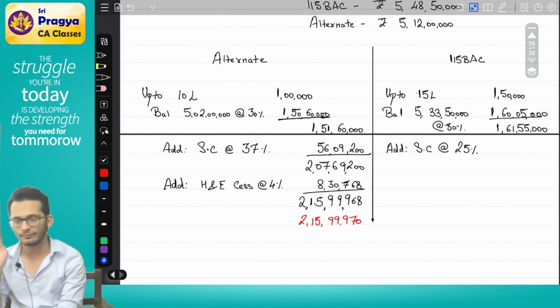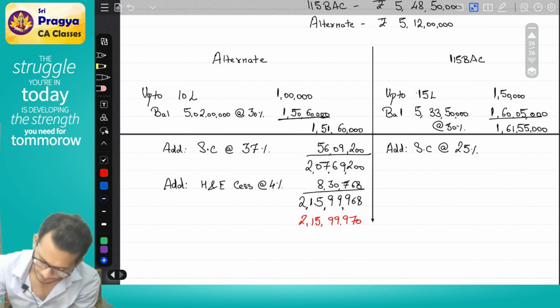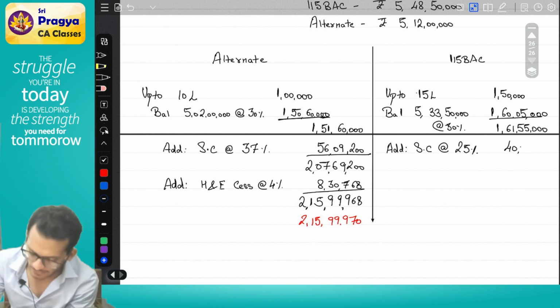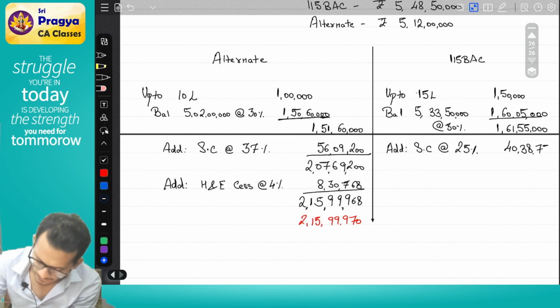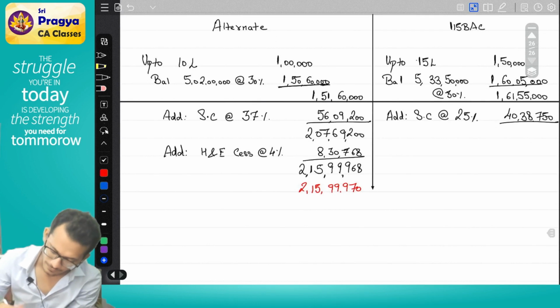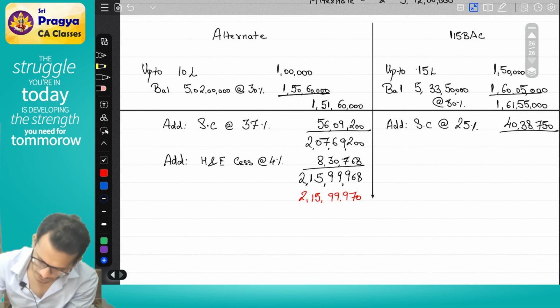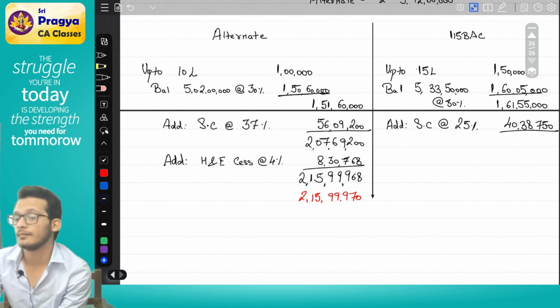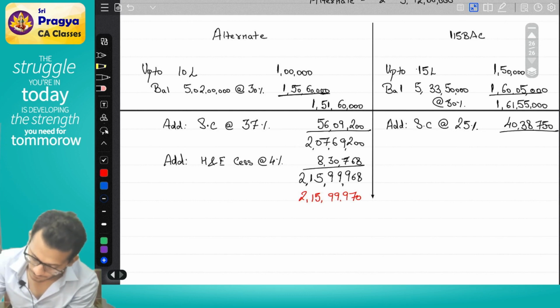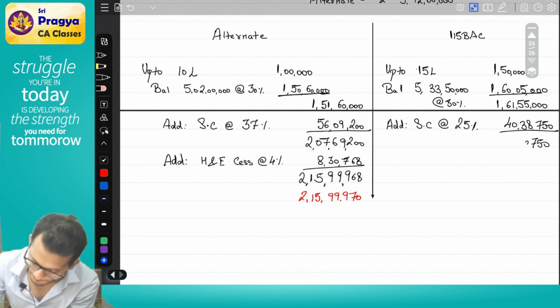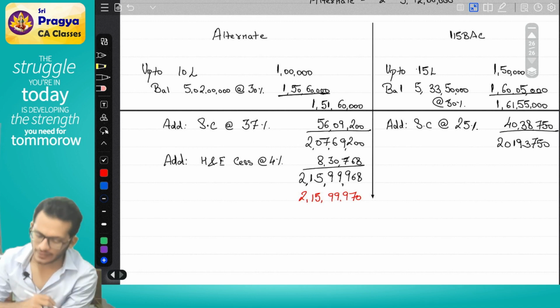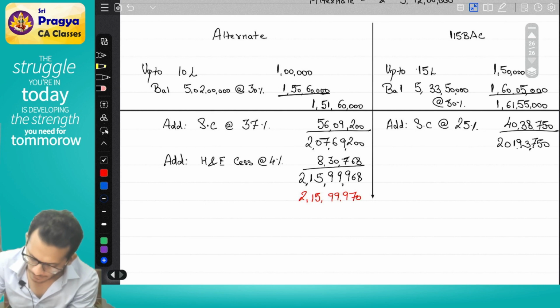Under the new regime, it is only 25%. That comes to 40 lakh 38,750, and the total will be 2,01,93,750.